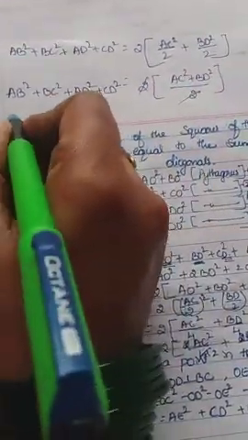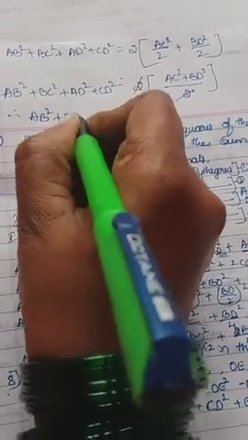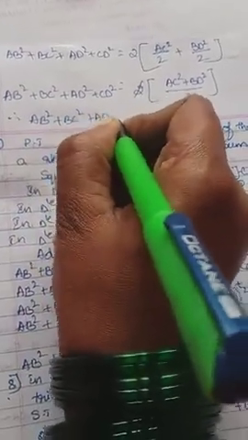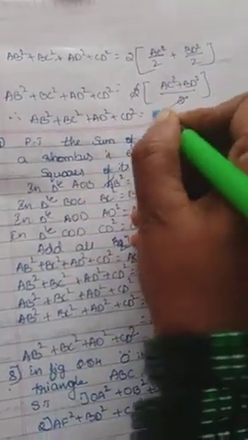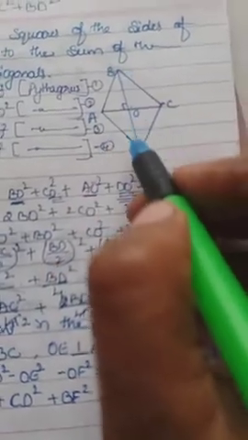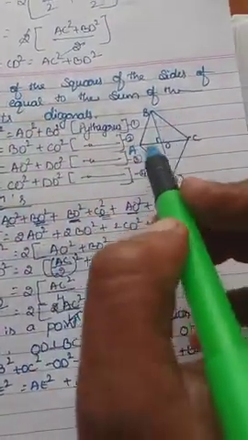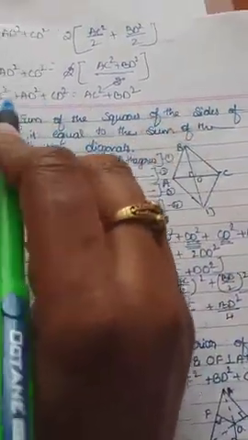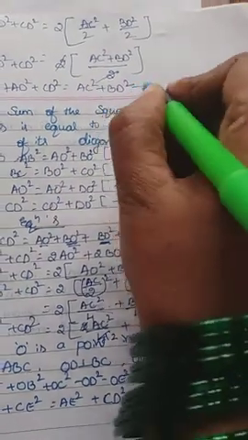Therefore AB square plus BC square plus AD square plus CD square equals AC square plus BD square. AC and BD are the diagonals. So these are the four sides of the rhombus: the sum of the squares of the sides of the rhombus is equal to the sum of the squares of its diagonals. Hence it is proved.